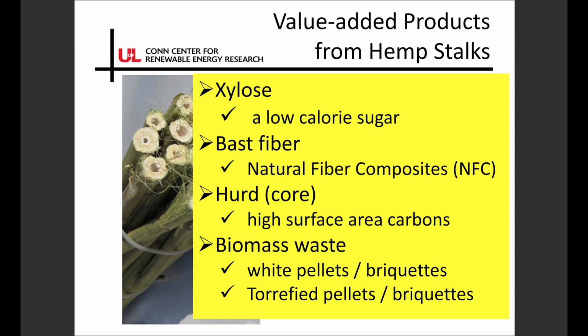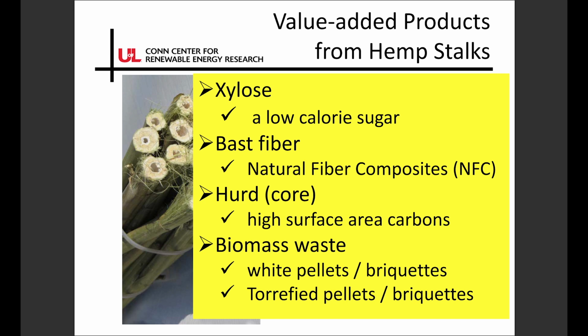Based on the process that we put in, we can go after very high surface area carbons. From an energy storage point of view, batteries and all that, lithium sulfur batteries need high surface area carbons. We produce them using the hurd. And any of the remaining biomass waste, we're using for pelletizing, for white pellets, also as torrefied pellets, because bio-derived coal is a drop-in replacement for coal, and it has no sulfur emissions, no NOx emissions, and it's a carbon neutral coal.